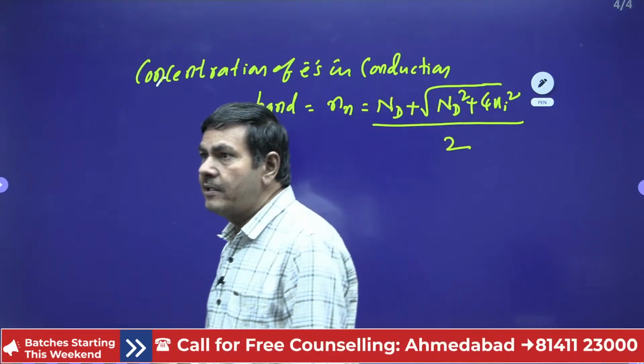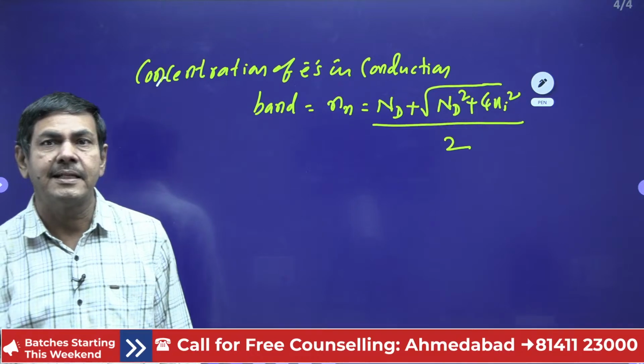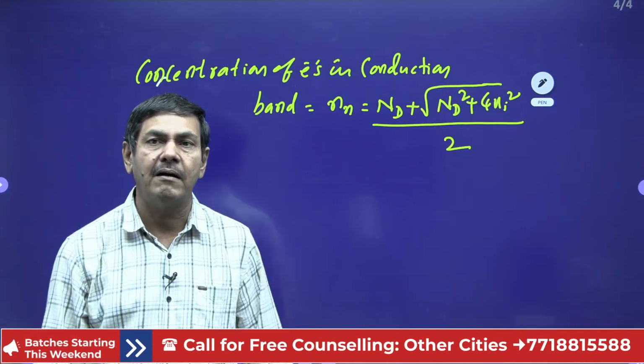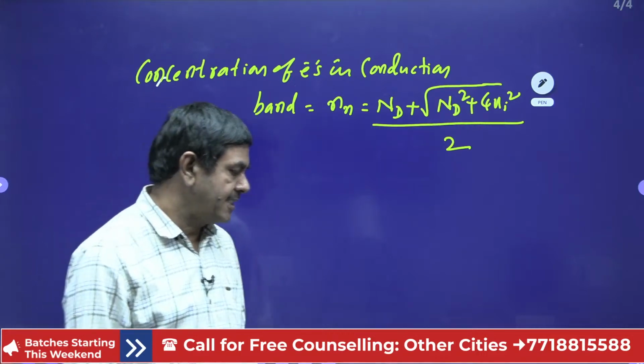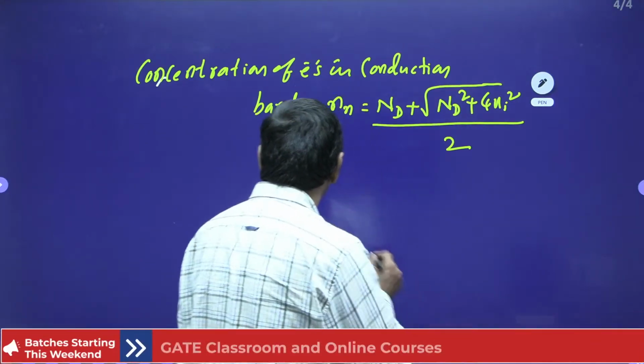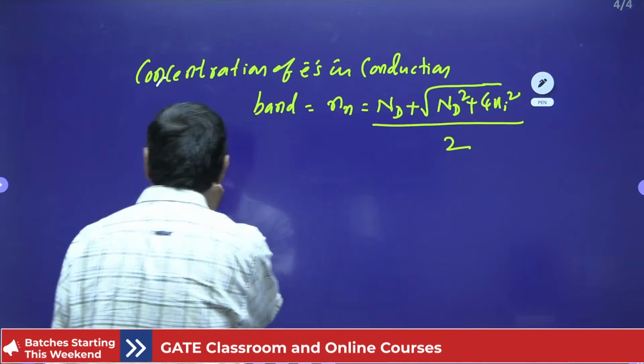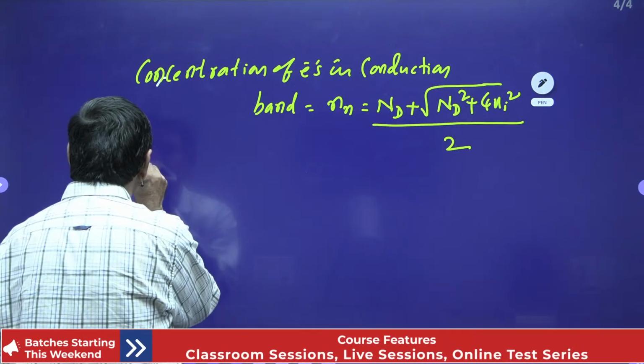But how to find out the minority carriers in n-type extrinsic semiconductor? They are holes, we know that now. The holes in the n-type extrinsic semiconductor are denoted by symbol P suffix n. That's why you can write now: concentration of holes.